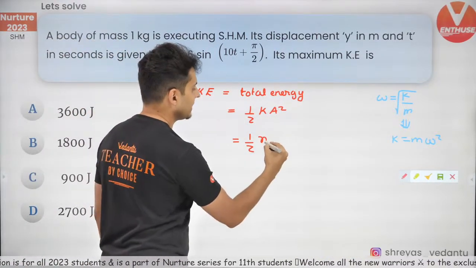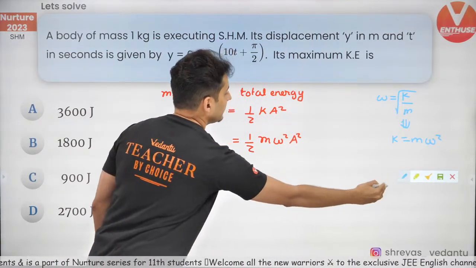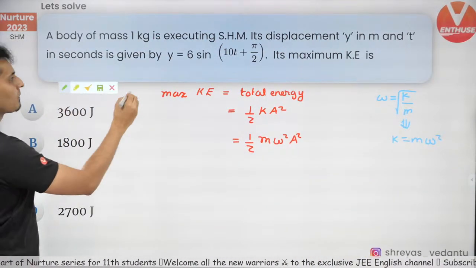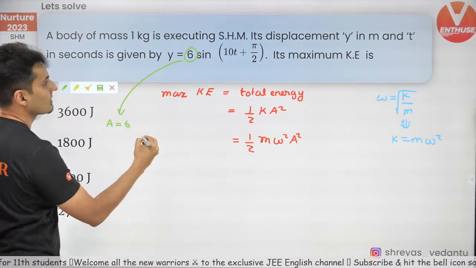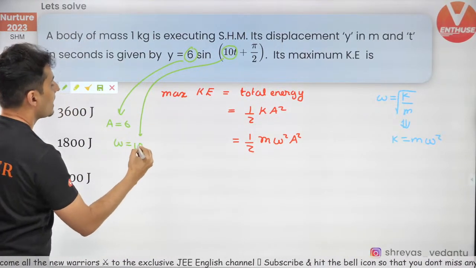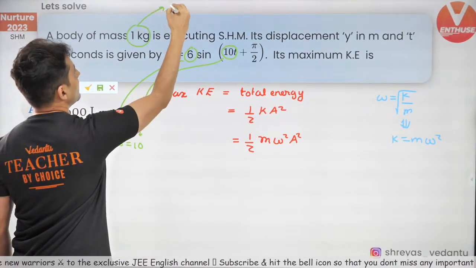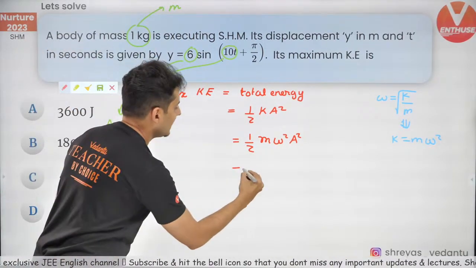So if you substitute, you will get half M omega square A square. Now observe carefully over here. This 6 is nothing but A. This 10 is nothing but omega. And this is nothing but mass. So substituting these values, what will I get?